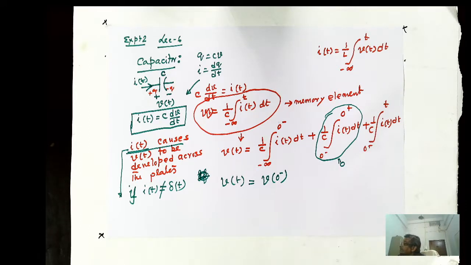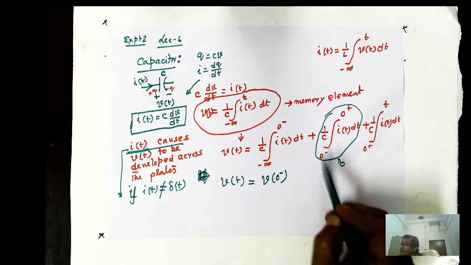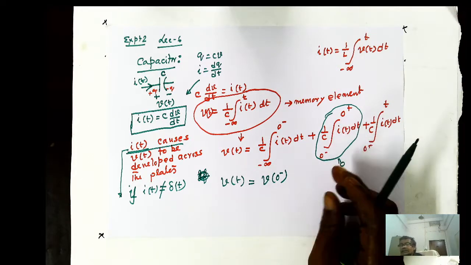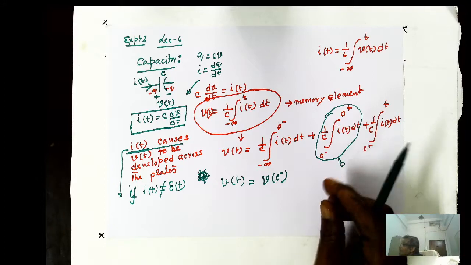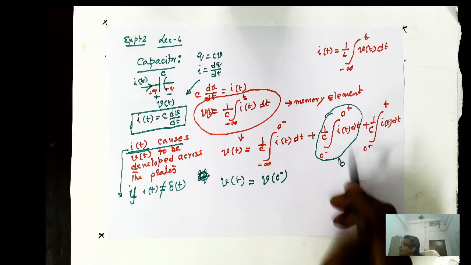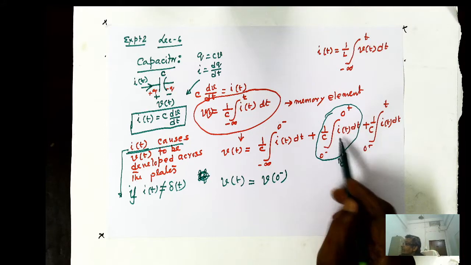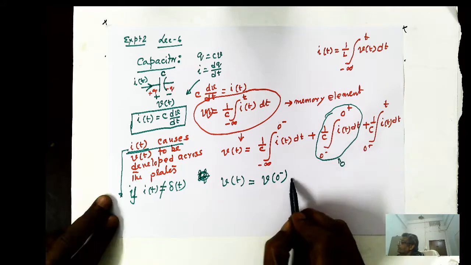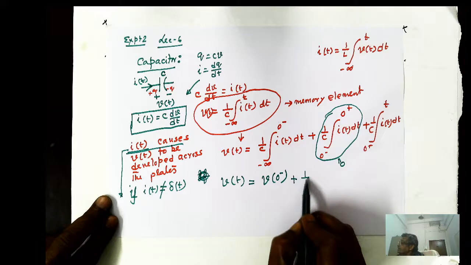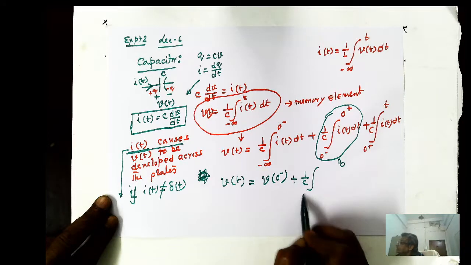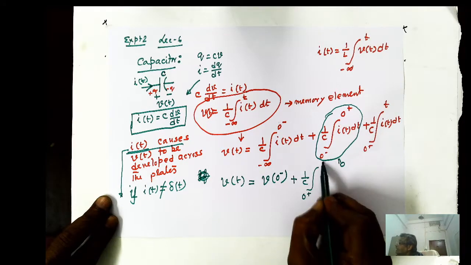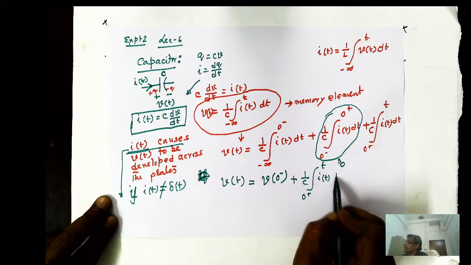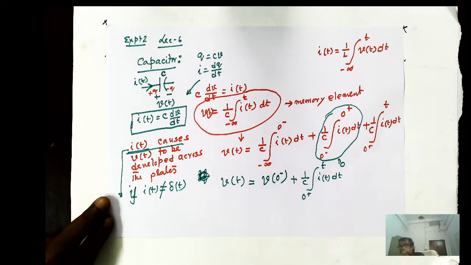The area under that curve between 0 minus and 0 plus can be made as small as possible. Therefore, the area under this curve, the integral of i dt, will become 0, and you will be left with 1 over C times the integral from 0 plus to t of i dt.